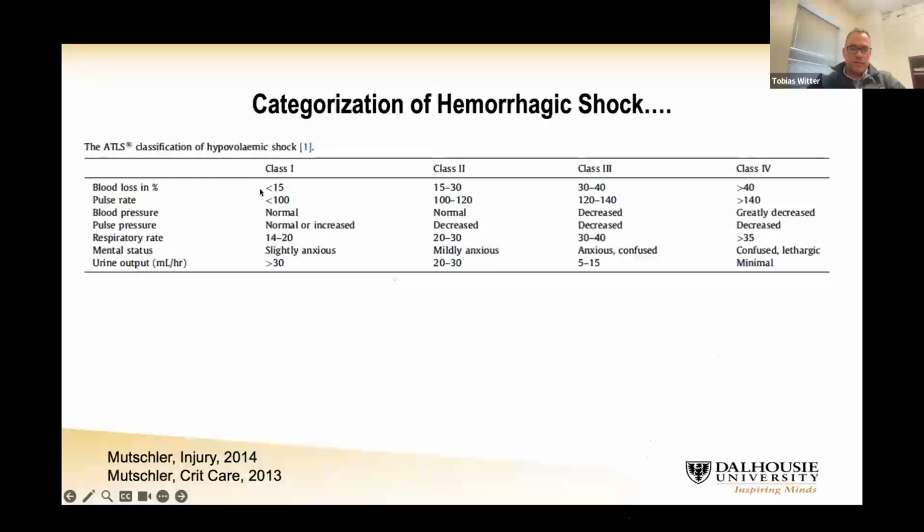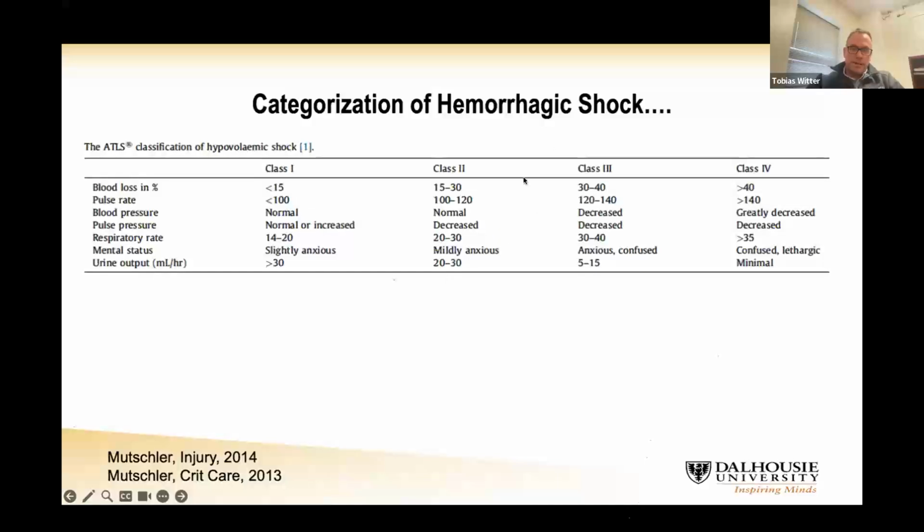Pulse pressure, often difficult to assess in those acute settings. Pulse pressure is the difference between systolic and diastolic pressure. Blood pressure overall, again, we use that in the shock index already. Respiratory rate, as we saw earlier, the sicker the patient gets, the higher the respiratory rate is.